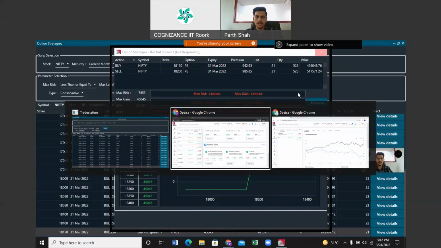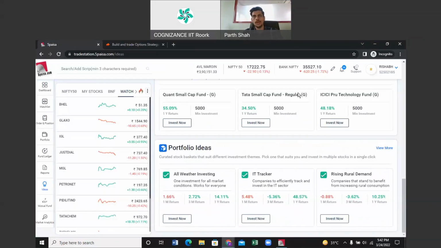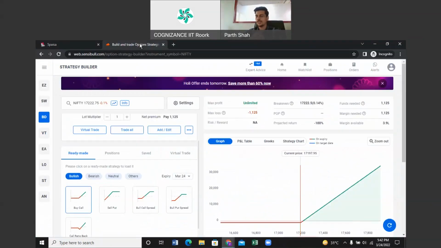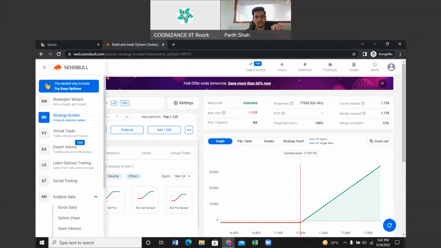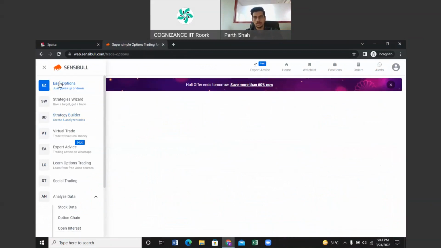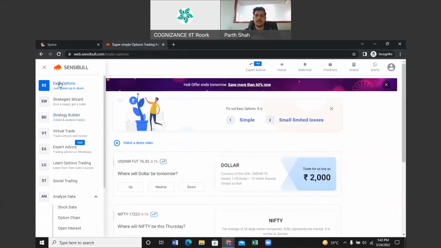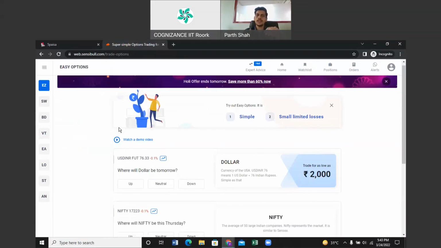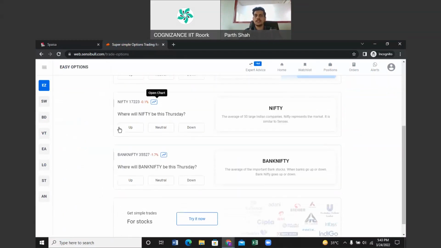And now I'll be taking you through one more platform, which is more for the beginners. So this is the Sensible platform with whom we have tied up. Since many of you are beginners for derivatives and do not know much about it, here you can simply make the prediction with respect to where the market is going to be.